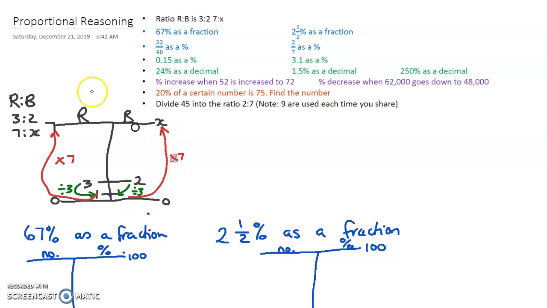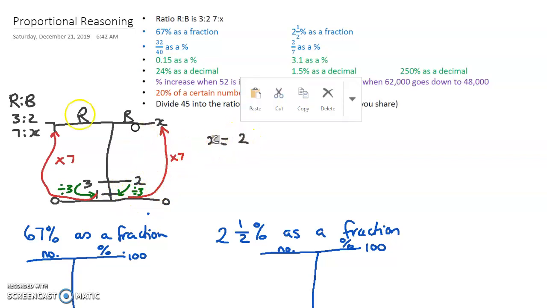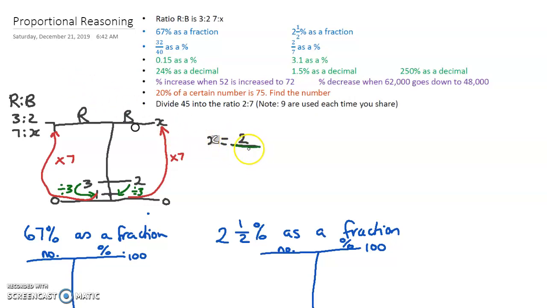And that will allow me to say that x equals, now let's follow those arrows back because that's where I started, where I knew everything. And I did 2. Now what happened to that 2? It was divided by 3. And then multiplied by 7.